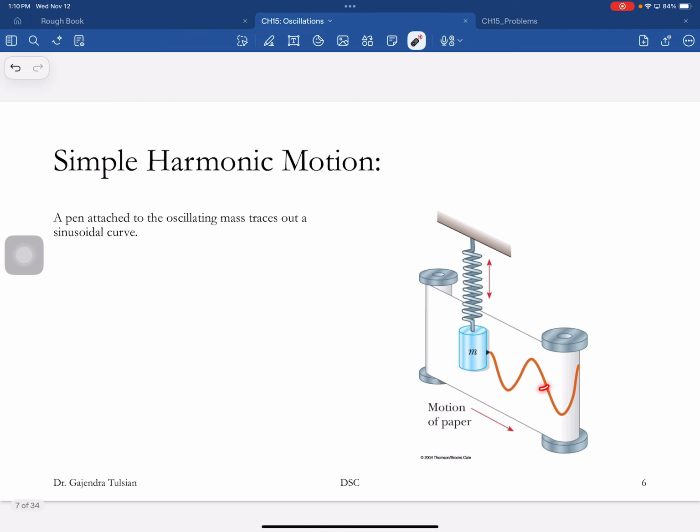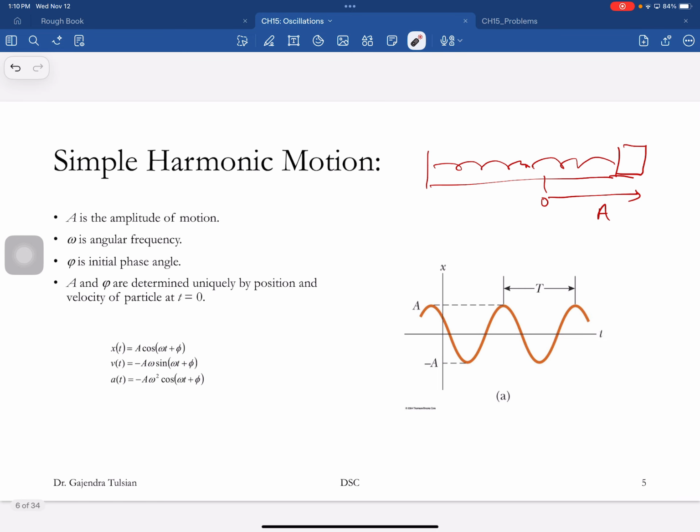And this just physically illustrates that that solution is correct. What you do is you roll this paper at a constant speed. That simulates time. As time increases, x should change as a cosine function, like that.